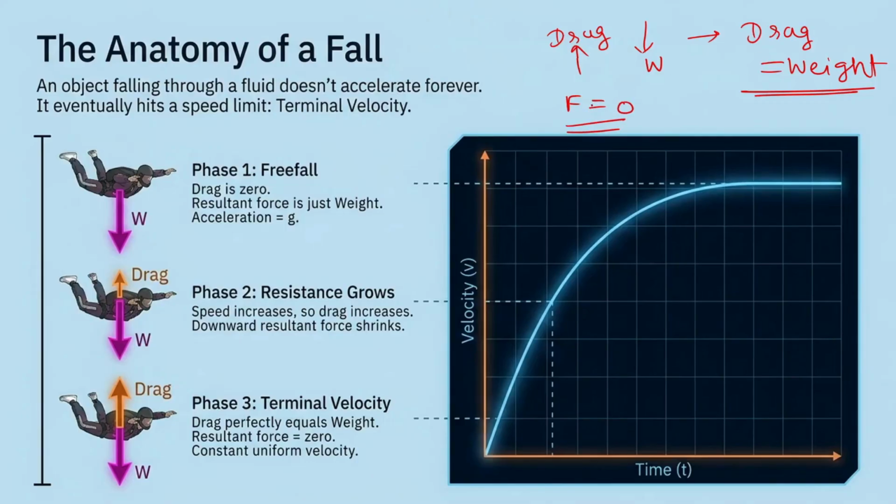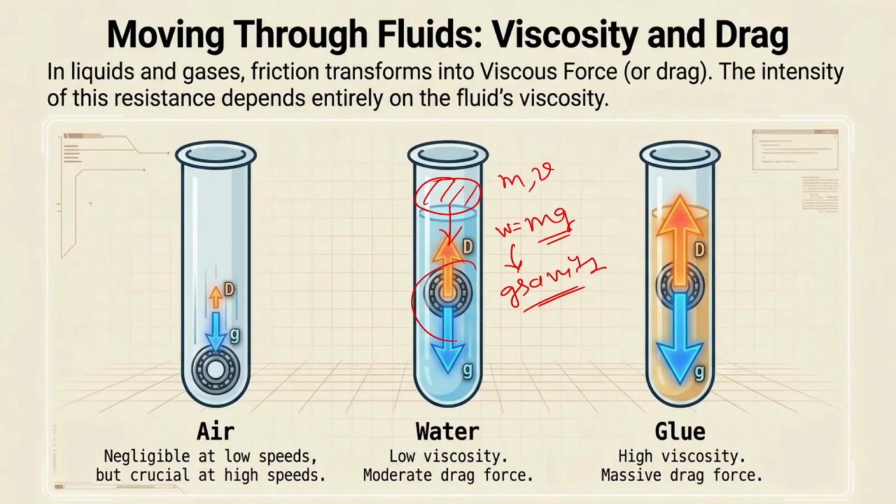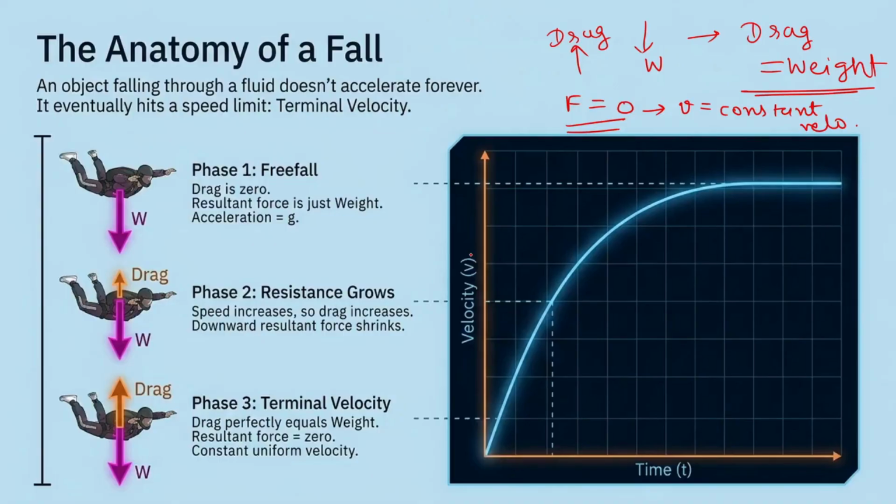We know the total external force is zero, then the particle or person is either at rest or at constant velocity. As we discussed earlier, this is called the terminal velocity, which is constant throughout the motion after this condition is met.